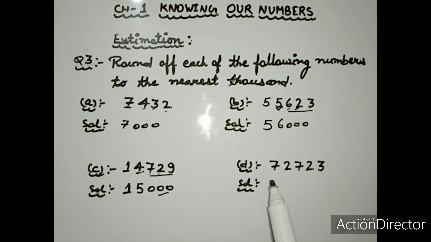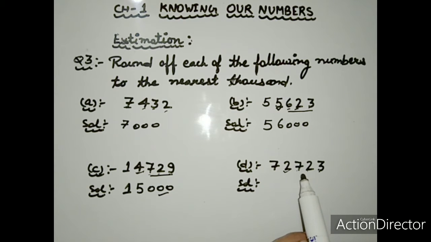Now the D part of this question. Here the number is 72,723. Here we check the digit in the 1000 place, so ones, tens, 100, 1000. The digit in the 1000 place is 2, and the digit on the right-hand side of the required place is 7, which is greater than 5.